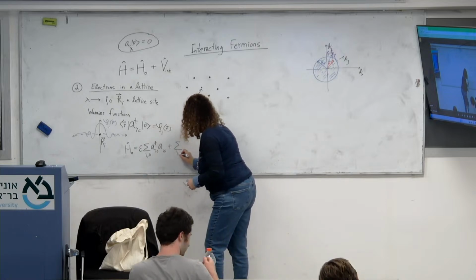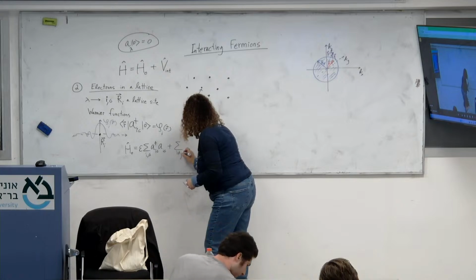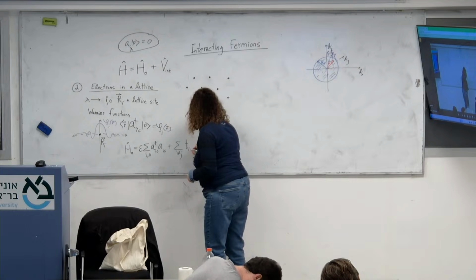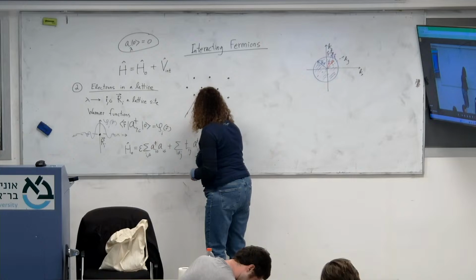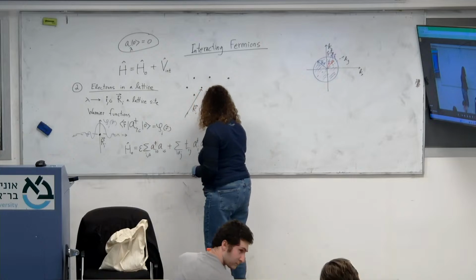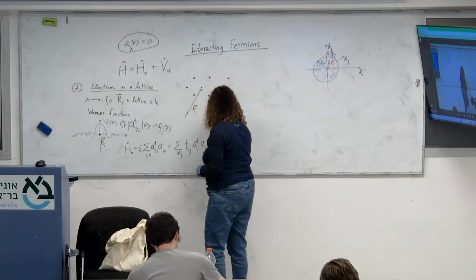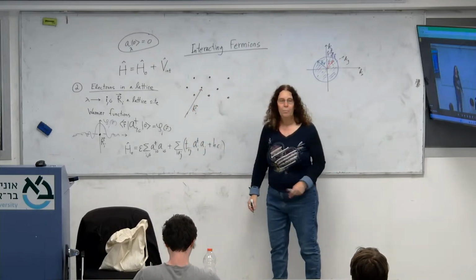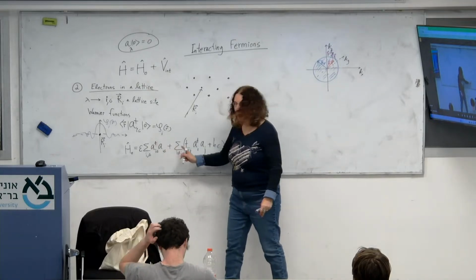And then I have a sum over i and j of something that I call T_ij a dagger i a j plus Hermitian conjugate. Okay? Epsilon, you are familiar with this, right?